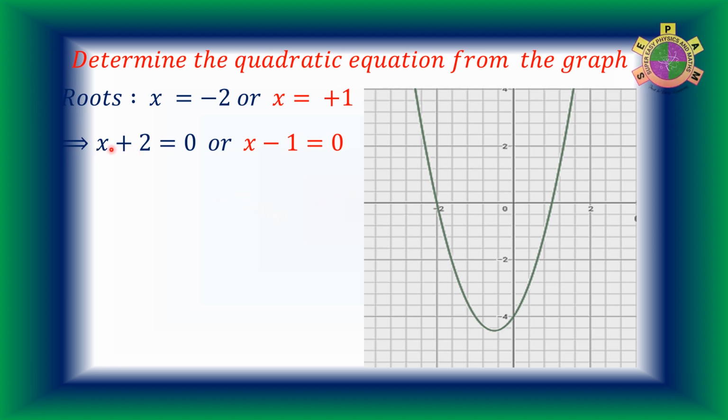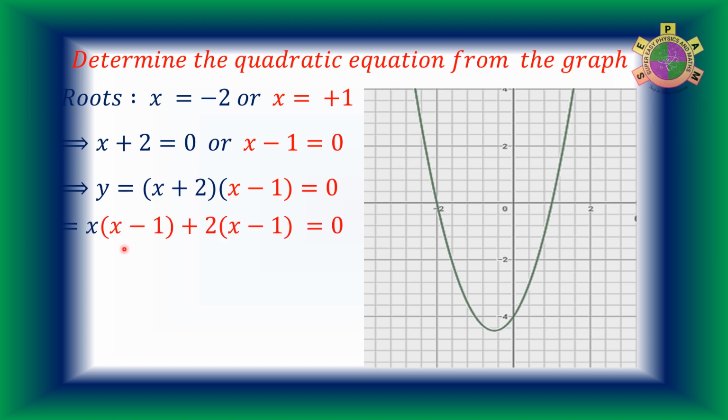So y is equal to 0 when x plus 2 is equal to 0 or x minus 1 equals 0. So when you multiply them, it equals 0. So you expand this. Take the first term and use it to multiply everything in the second bracket, then take the next one and use it to multiply everything in the other bracket.